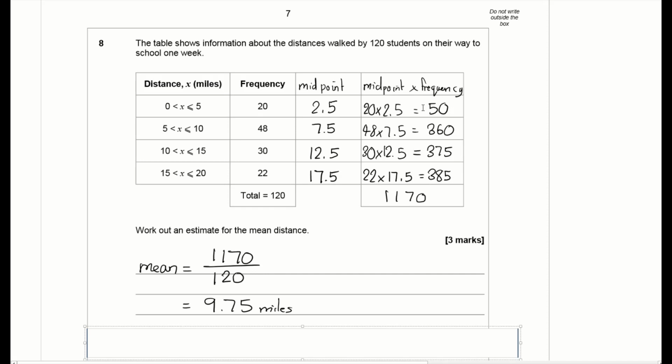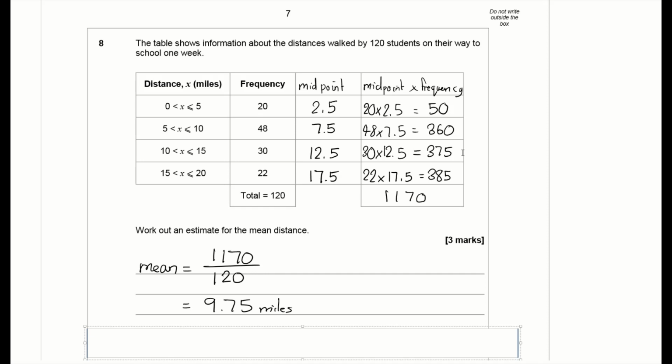We then sum these values, so 50 plus 360 plus 375 plus 385 to get 1170. This represents the total estimated distance that all of the students travelled.